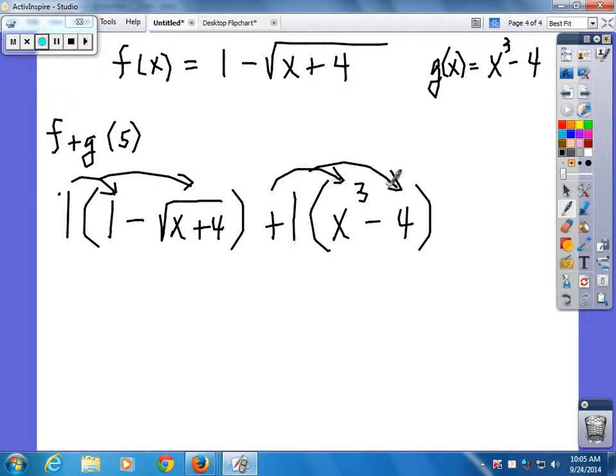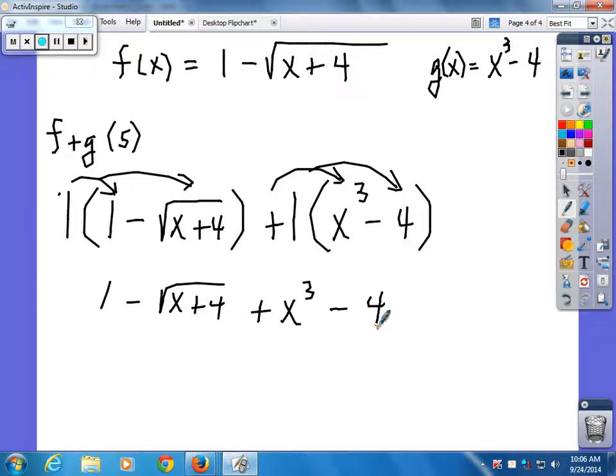A lot of you probably say, well, why do you put those 1s in front of there? Well, if there was a 2 in front of there, you wouldn't just do away with it, would you? You got to get in the habit of distribution, because one day there might be a negative in there, or there might be a negative 1/2 in there. Got to get used to it. So 1 minus the square root of x plus 4 plus x cubed minus 4.